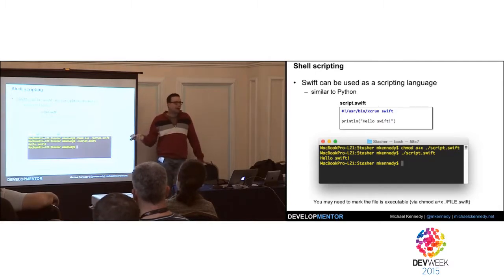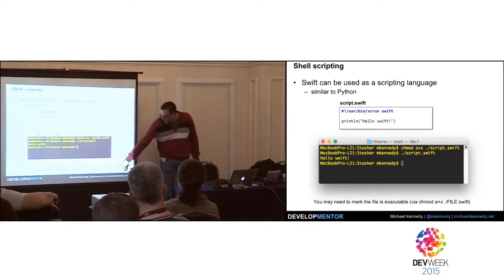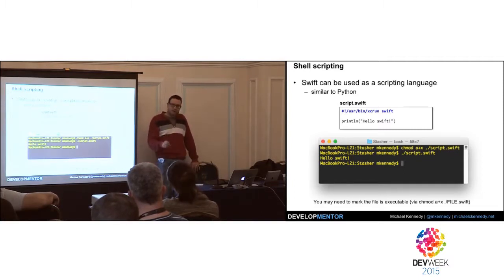There's no compiling. I just type this in a text file and make it go. The very first time you make it go, it's slow, because it compiles behind the scenes, and then it goes fast. It caches it somewhere, I don't know where. You may need to make the file executable. I believe in OS X it's not executable by default, so you have to say chmod a+x and the file name.